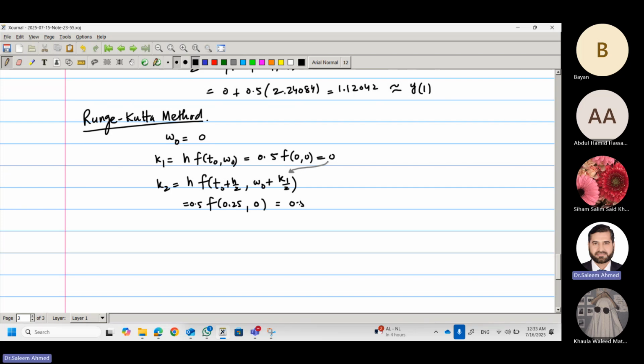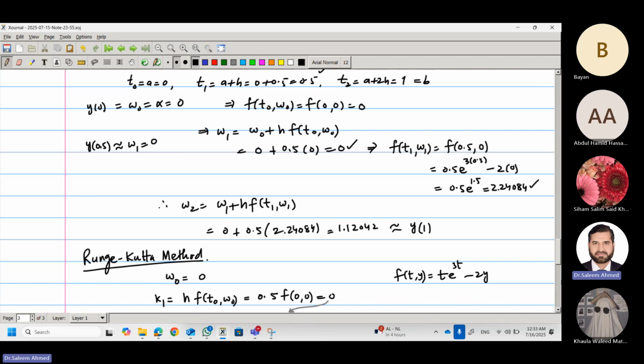Your function f of t, y was t e to the power 3t minus 2y.